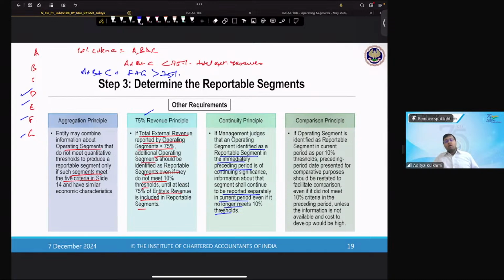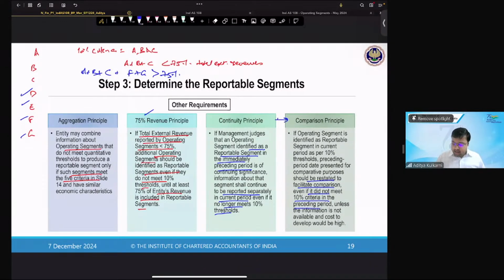Because it was not reported in the previous year but is reportable in the current year, to facilitate comparison, what are you going to do? You will have to restate to facilitate comparison, even if the criteria is not met in the preceding period. Did you understand? Yes, sir.